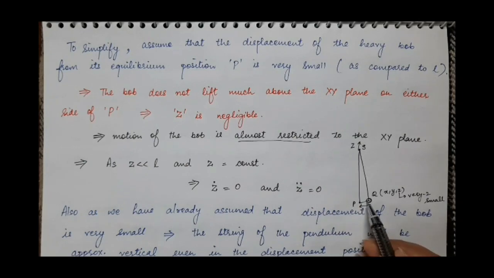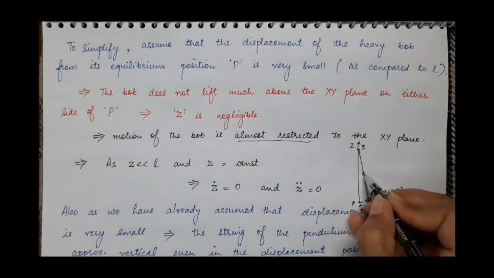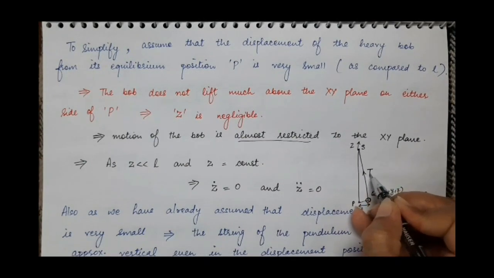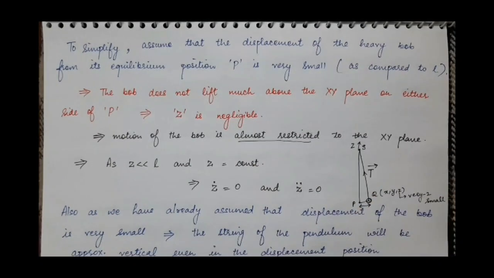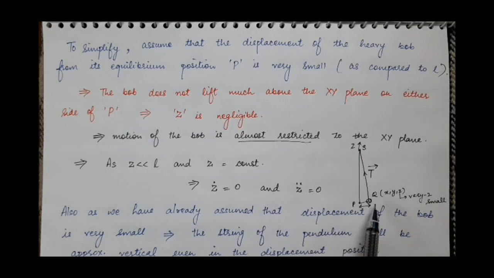As the displacement is very small, this tension T will be approximately in vertically upward direction. It will not be in tilted direction. Why? Because the displacement is small, and even in the displaced position, this SQ line will be approximately a vertical line. This SQ vector will be in approximately vertical direction.